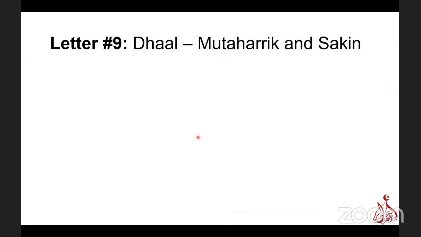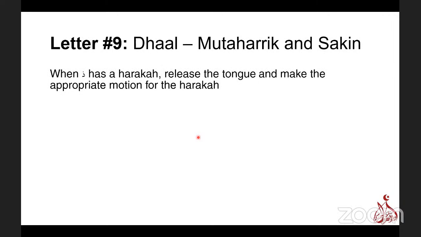So now let's move forward to how you pronounce a mutaharrik and a sakin Dhaal. When Dhaal has a harakah, very straightforward, you release the tongue from that area. And then after that, you make the motion for whichever harakah you're talking about. So you have your tongue on the bottom of those teeth. Then when you make the sound, you release it. And then you make the fatha, dhamma, kasra sound. For example, the word dhabahu.